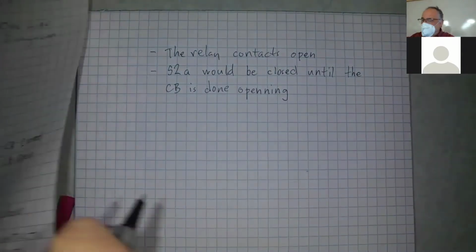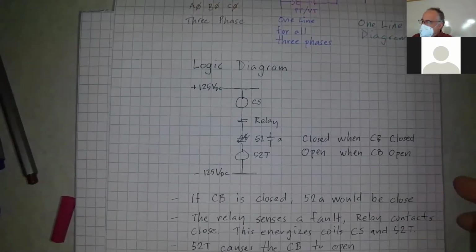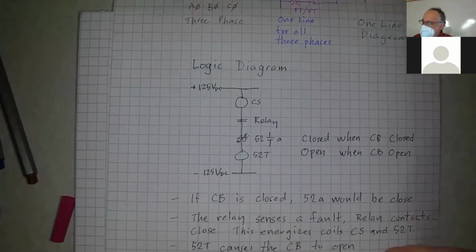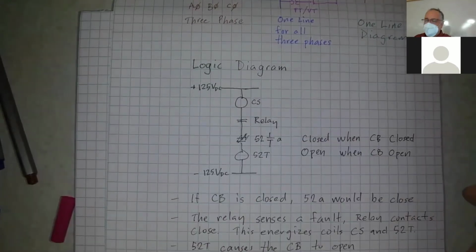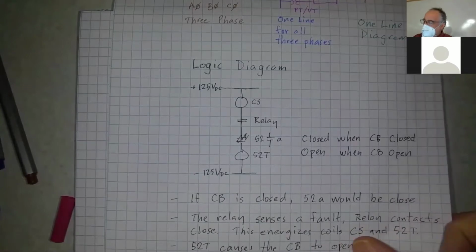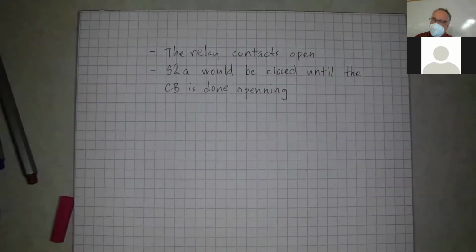Okay, so 52A is going to be closed, but if this relay opens up, 52T.